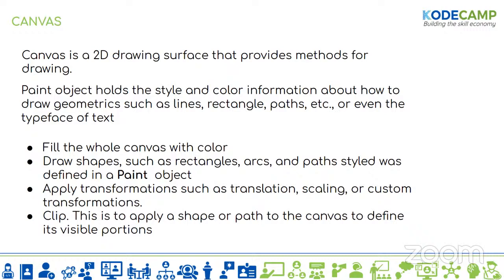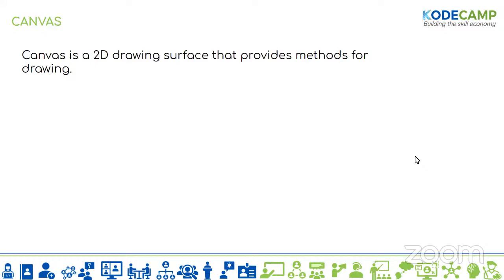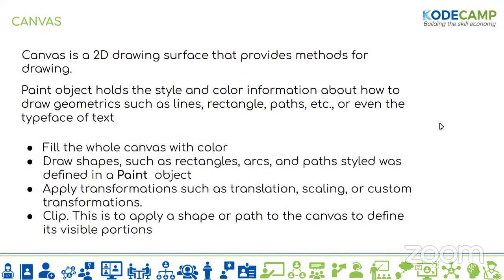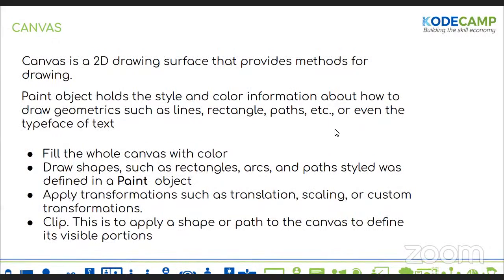You can also apply transformations, such as translation, scaling, and custom transformations. Another operation is the clip operation, which applies a shape or a path to the canvas to define its visible portions. These are the types of operations you can perform on a canvas.